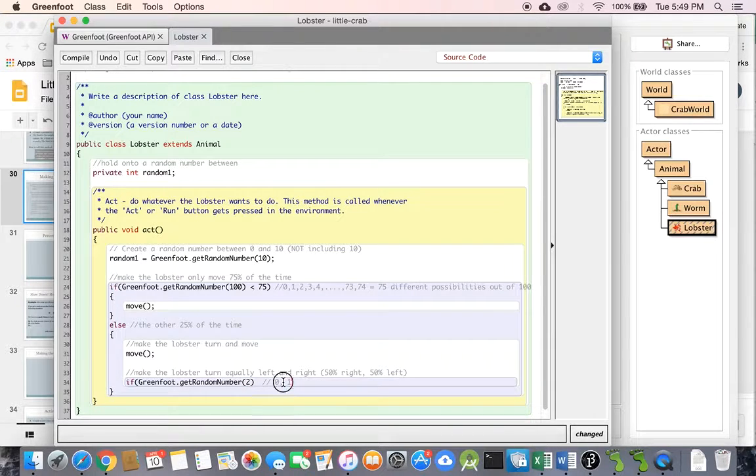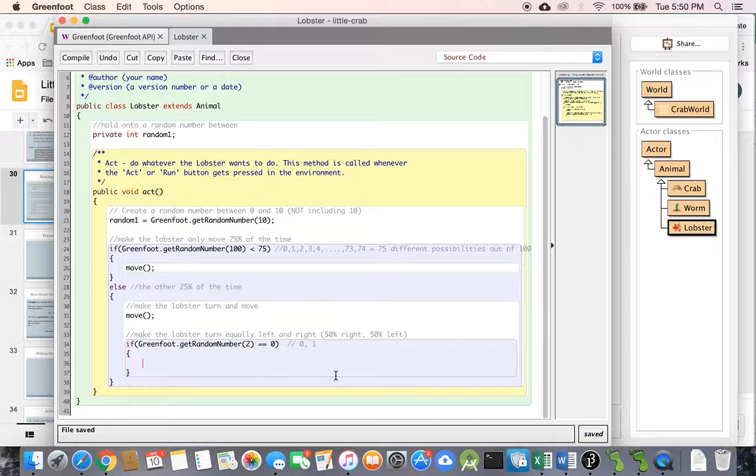So half of those numbers would be, well, the number 0. If we ever got the number 0, that would be 50% of the time. Okay, so let's go here and we're going to say half the time I want it to turn right.